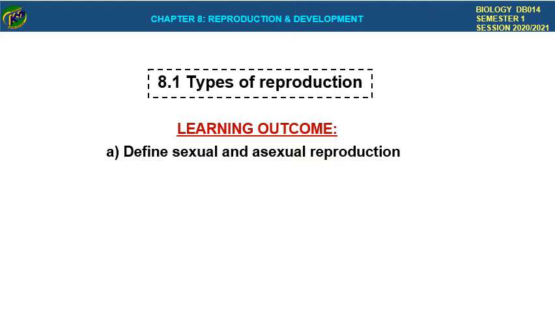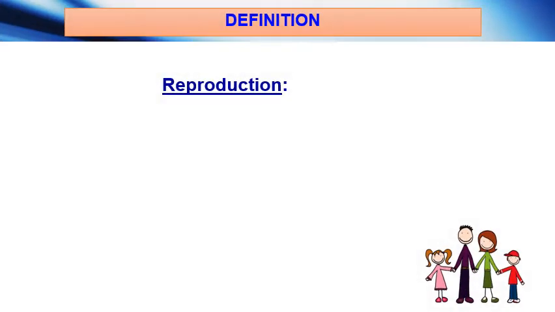For 8.1, at the end of this lesson, you should be able to define sexual and asexual reproduction. Okay, we look at the definition of reproduction first. So, what is reproduction?